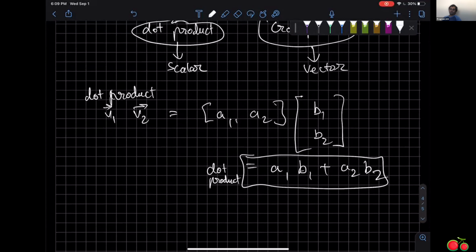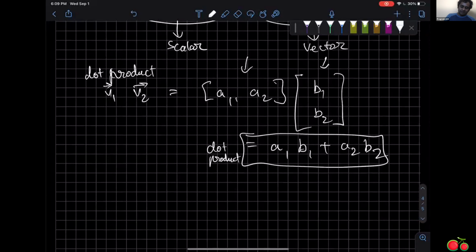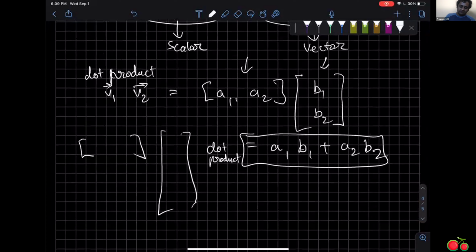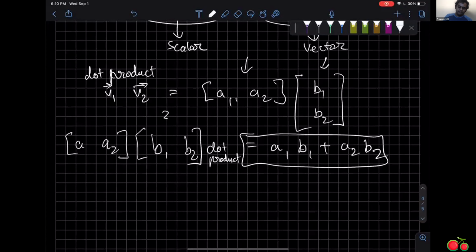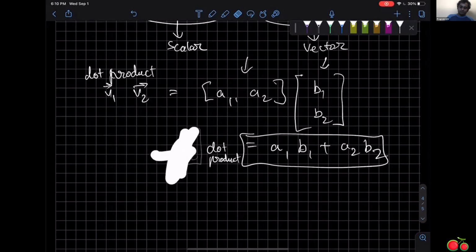What's weird here is you should be asking why I wrote this like this. Why did I write horizontal brackets and then vertical brackets? Anywhere you look up dot product or cross product, you're going to find this notation.